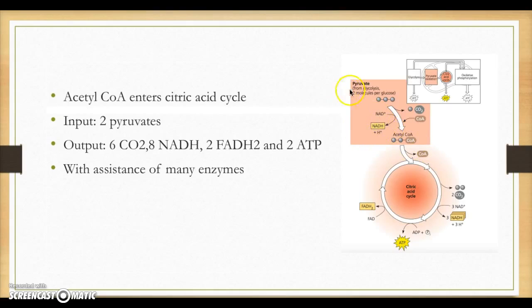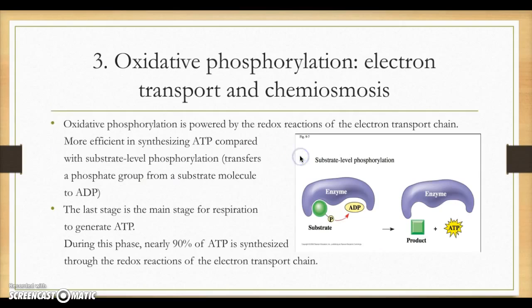In this diagram, there's only 1 pyruvate involved in this reaction. So if we have 2 pyruvates, we need to multiply all these numbers by 2. So that's why we have 2 ATP instead of 1 here. This reaction also needs assistance of many enzymes.